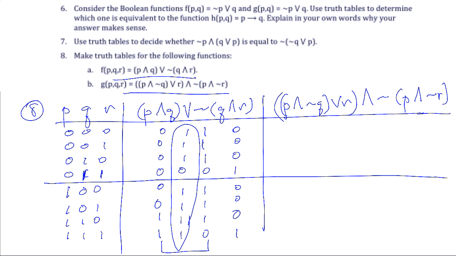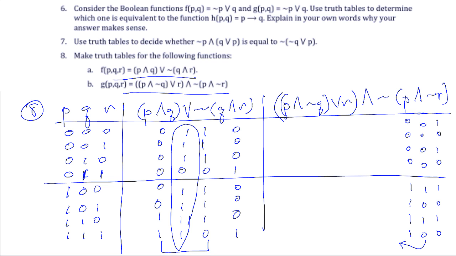Okay, quickly, I'm going to do the last one. P and not R. I'll copy P. And I'll make a not R column. 1, 0, 1, 0, 1, 0, 1, 0. I'll do an AND between these two. It's only true when they're both true. I'll negate that column.